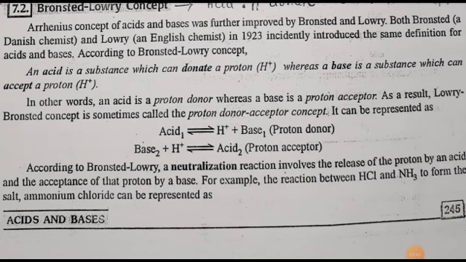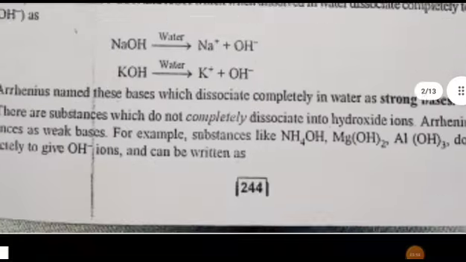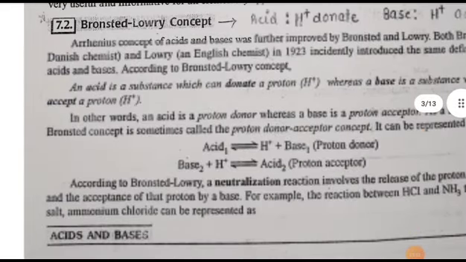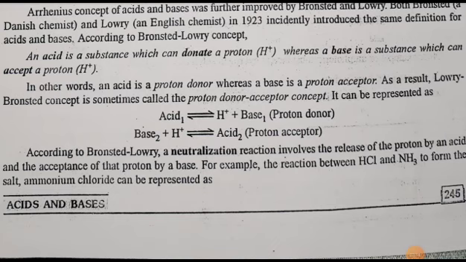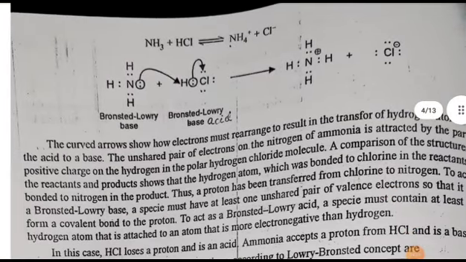According to Bronsted-Lowry, a neutralization reaction involves the release of a proton by an acid and the acceptance of the proton by a base. For example, the reaction between HCl and NH3 to form the salt ammonium chloride can be represented as NH3 plus HCl gives NH4+ plus Cl-.